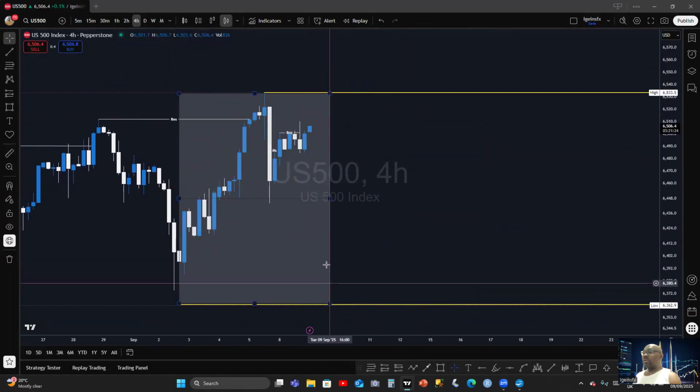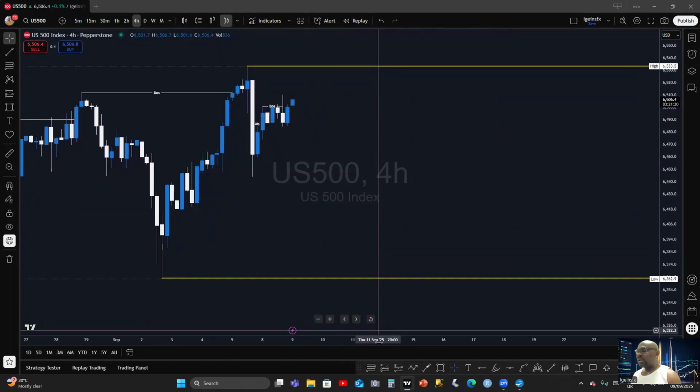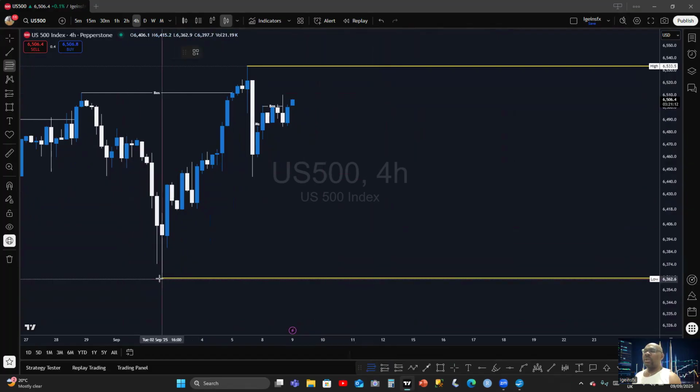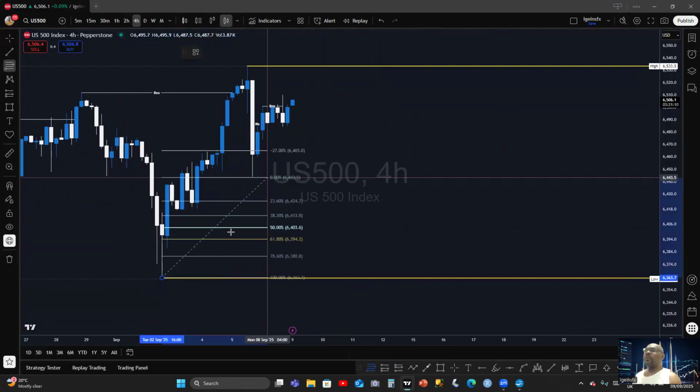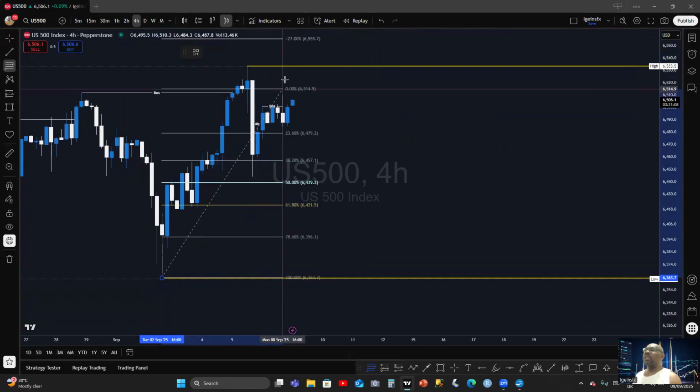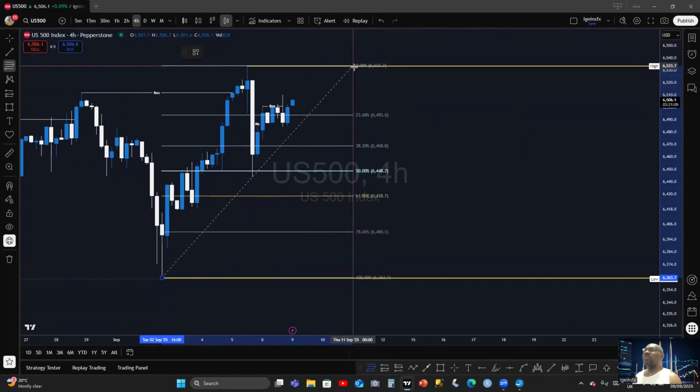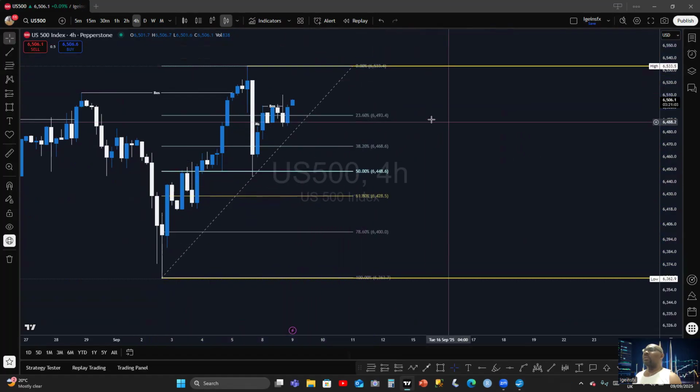So how do you plot your Fibonacci retracement tool? This is the Fibonacci retracement tool, you can see, Fib retracement. You just click here, at that point, then drag it to this level.